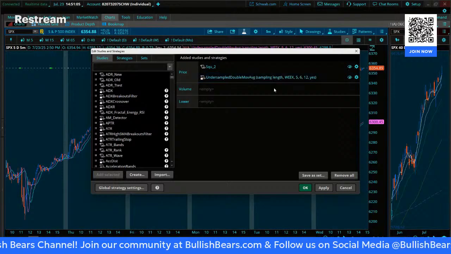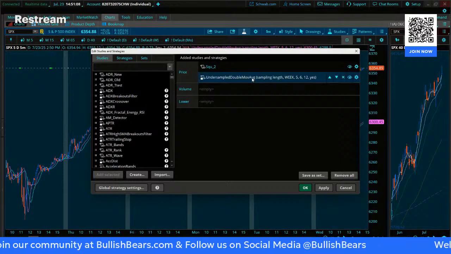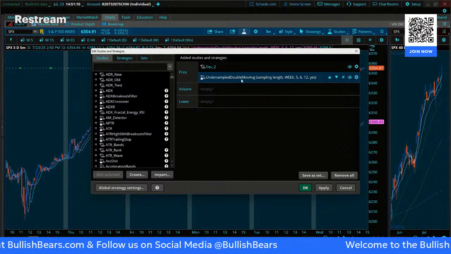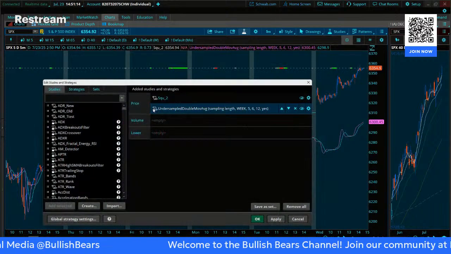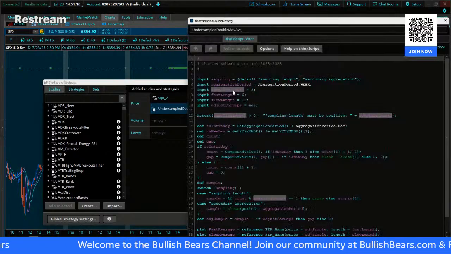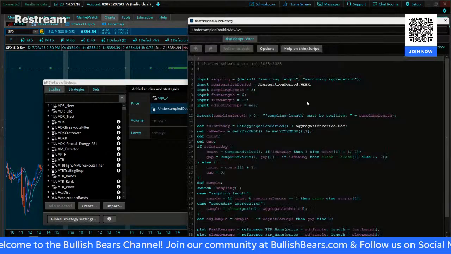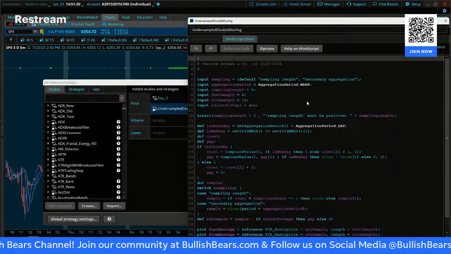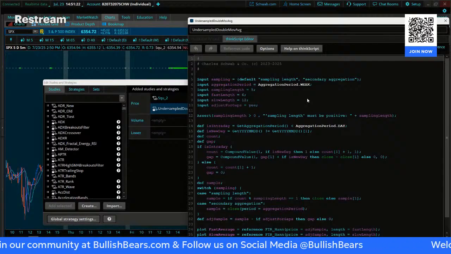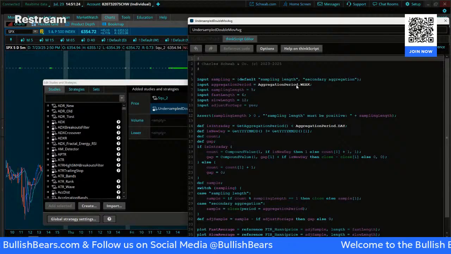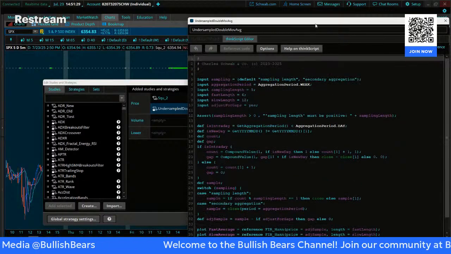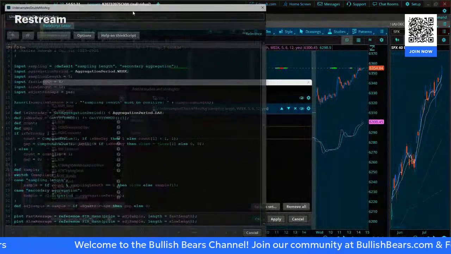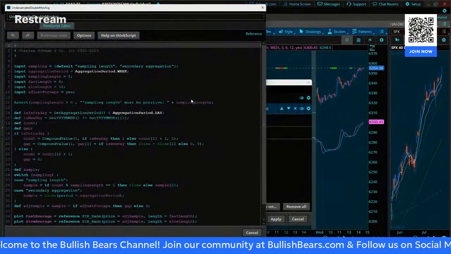Undersampled double moving average with a sampling length of weeks. So it has a weekly time frame and a daily time frame. That's something kind of rare on Thinkorswim. This is using three time frames.